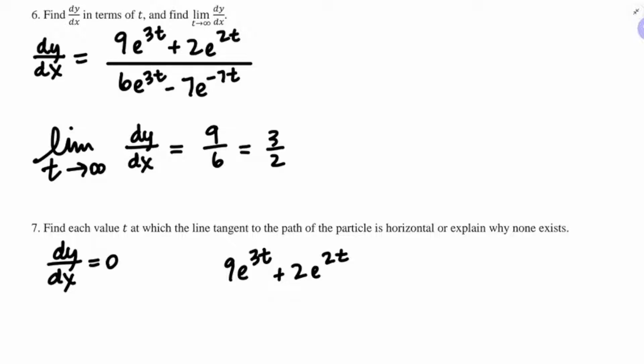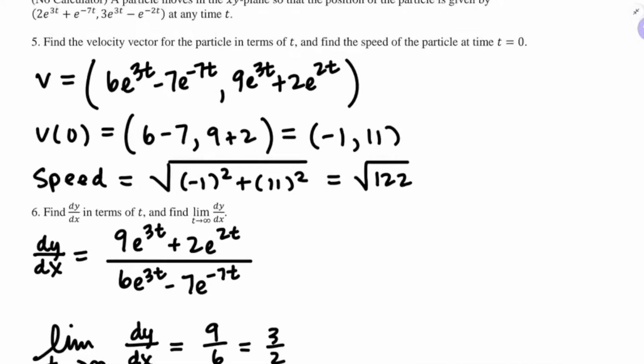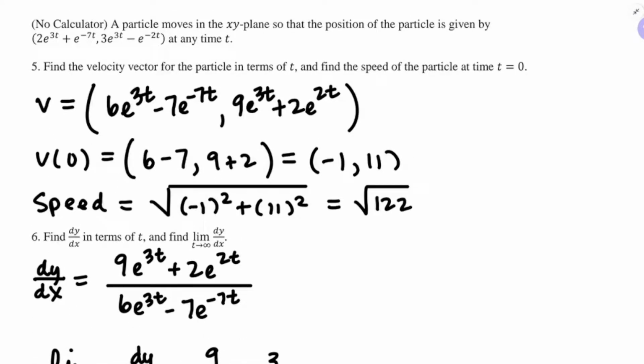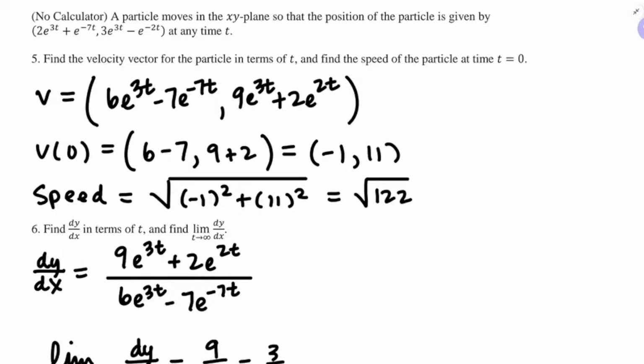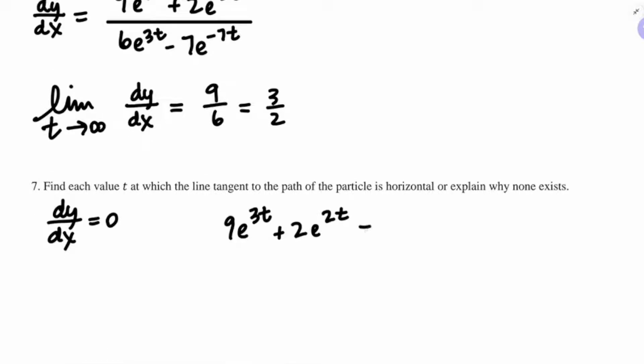Now, I am going to go back and double check, because none exists is not that common of a thing to happen in this class. But for y, yeah, I'm going to have positive 9 and positive 2. Yeah, I'm resolute about that. Okay, that never happens.